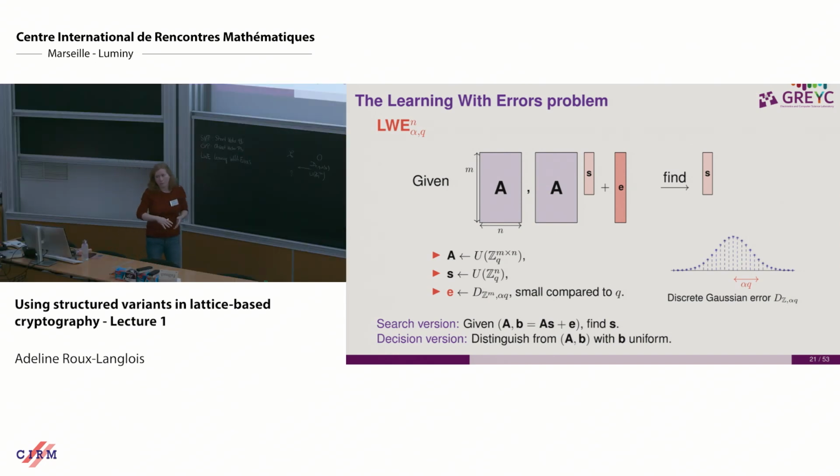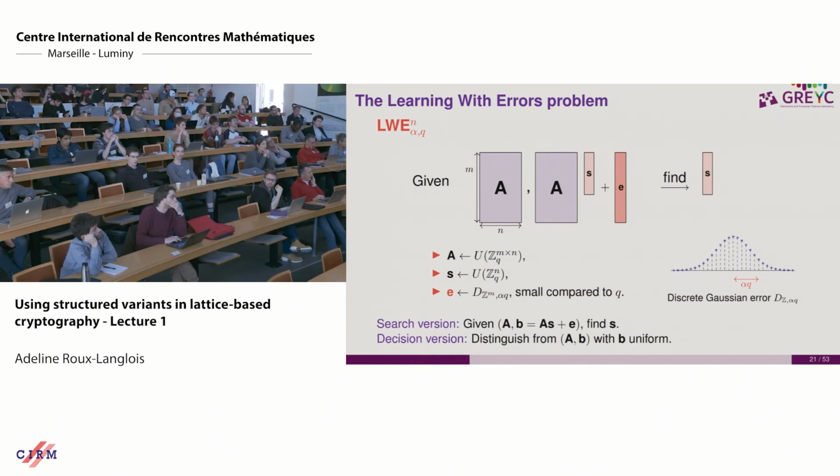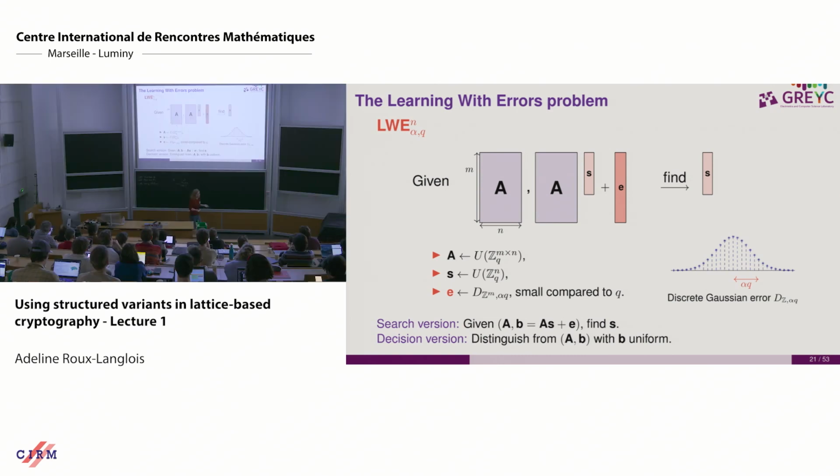And now what happens if my noise E is uniform in ZQ? It's going to be hard to recover S. Yeah, you even lose the information of S. So if E is uniform, AS plus E will also be uniform, and you lose all the information.